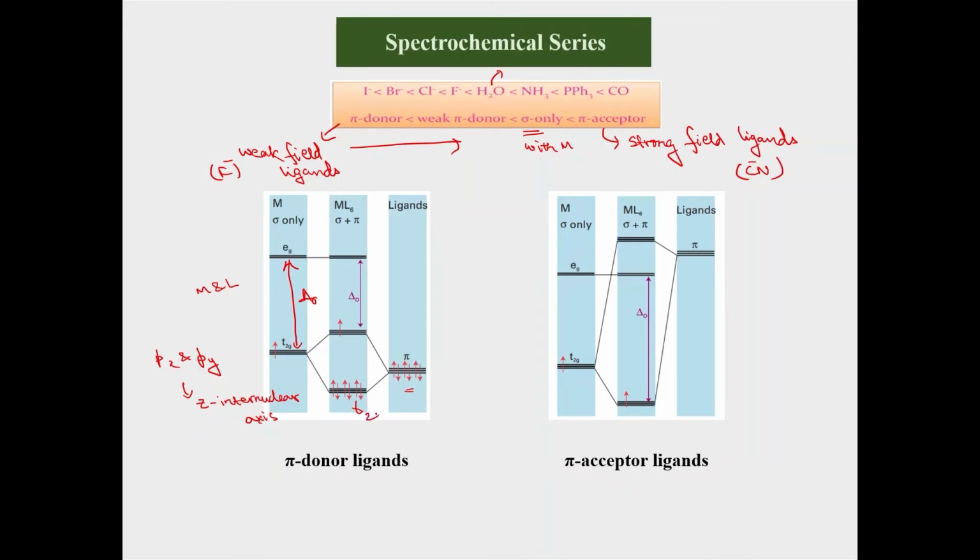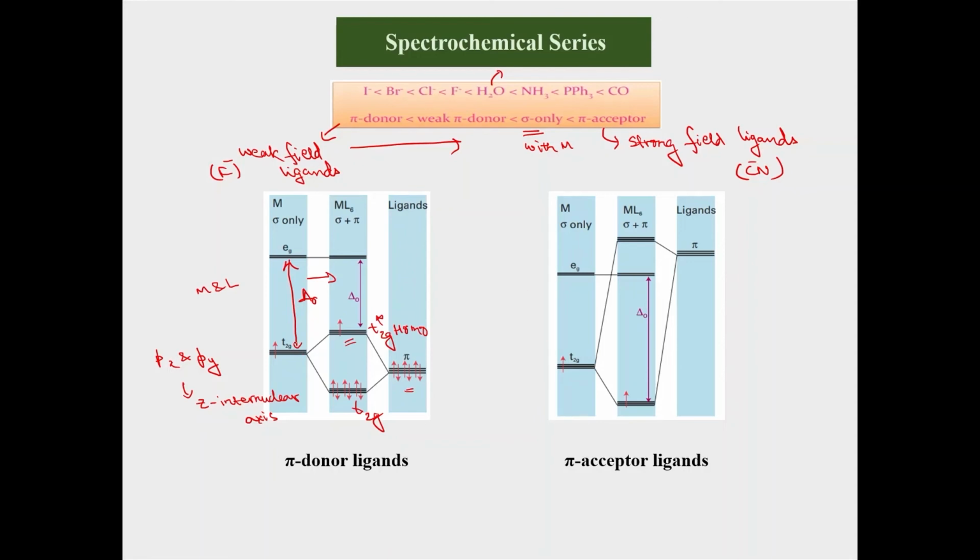So this is the bonding T2g and this is the antibonding T2g star. Since the antibonding T2g star is closer in energy to the metal T2g orbitals, it will be largely metal based, and this is the HOMO. The energy of the Eg orbitals will remain unchanged, and as a result we can see that in case of pi donor ligands the delta O value is decreasing compared to sigma only type of interaction.